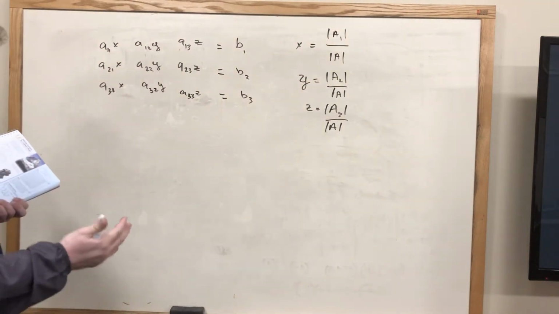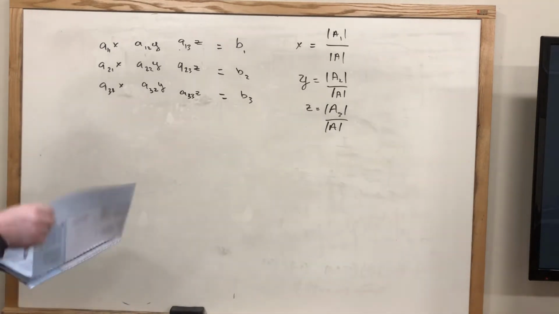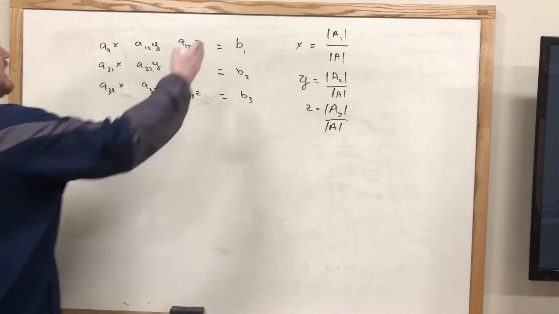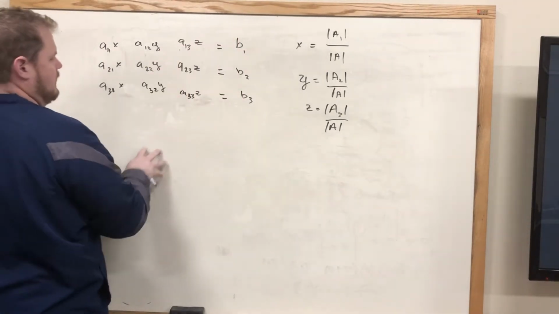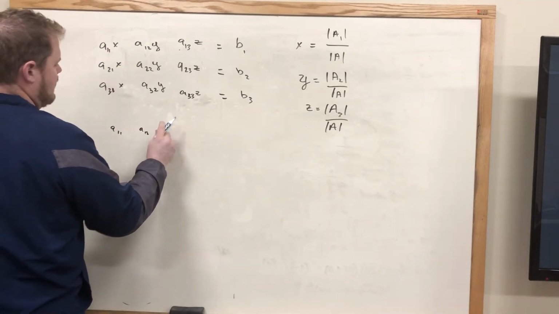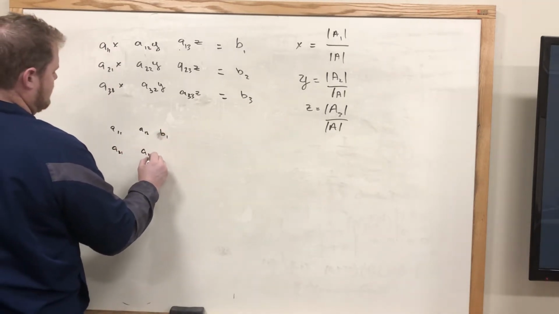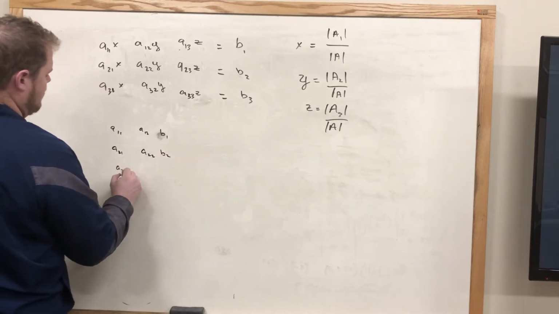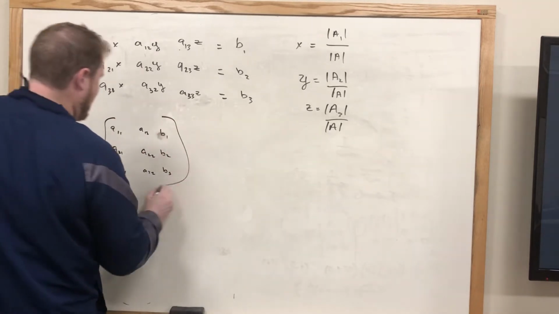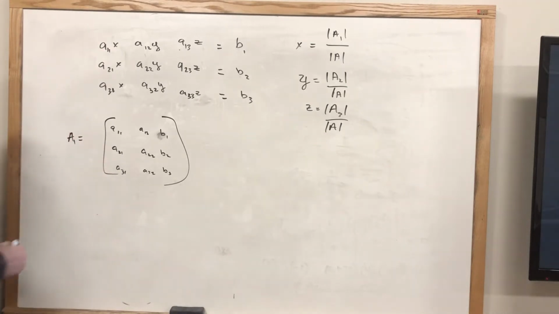Through trial and error, he said, if I take B and put it in place of one of these columns, so I would have a11, a12, b1, a21, a22, b2, a31, a32, b3, then that would be equivalent to A1.